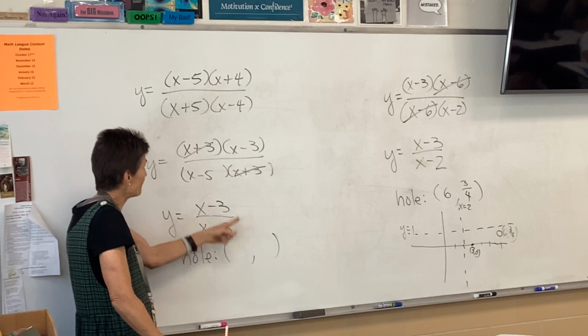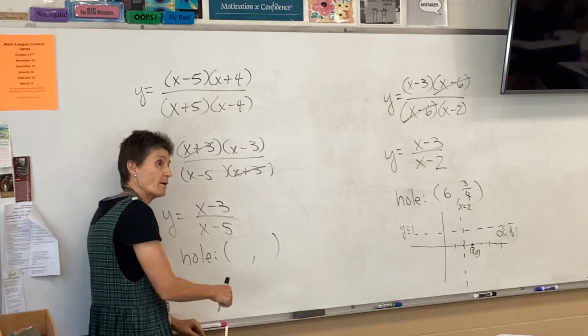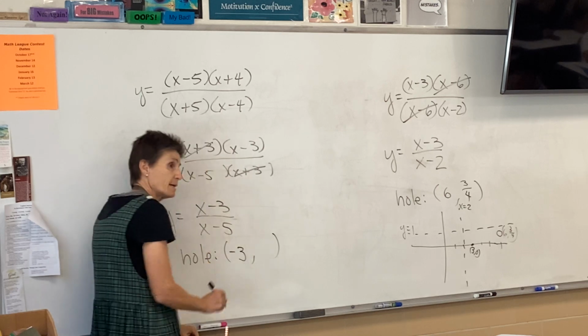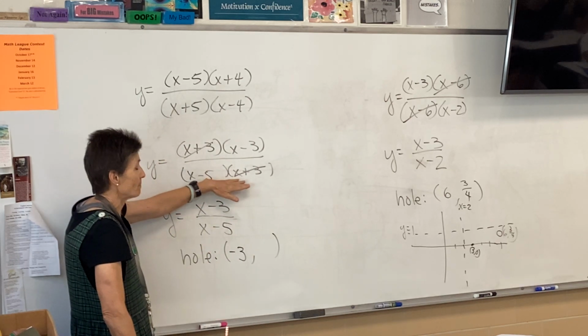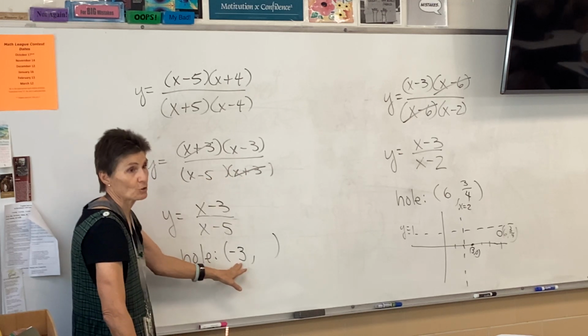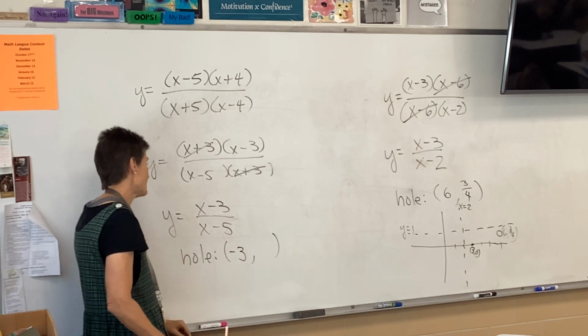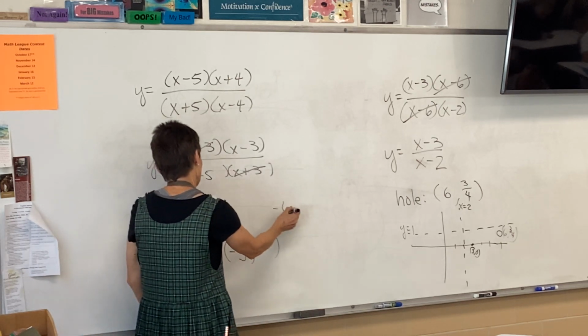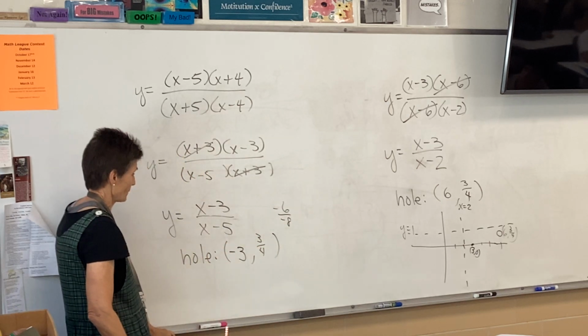Where is that going to be? Well, look at what you canceled. That's going to be where x is -3. Look at your original problem. Wherever you were going to put an asymptote, that's where you're going to put your hole. All right, plugging in -3 is going to give me what? 3/4? Did I do that right?